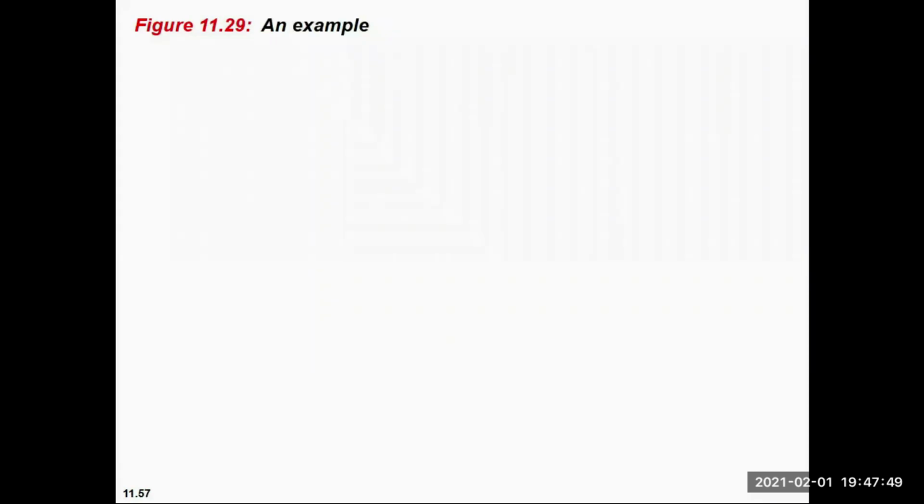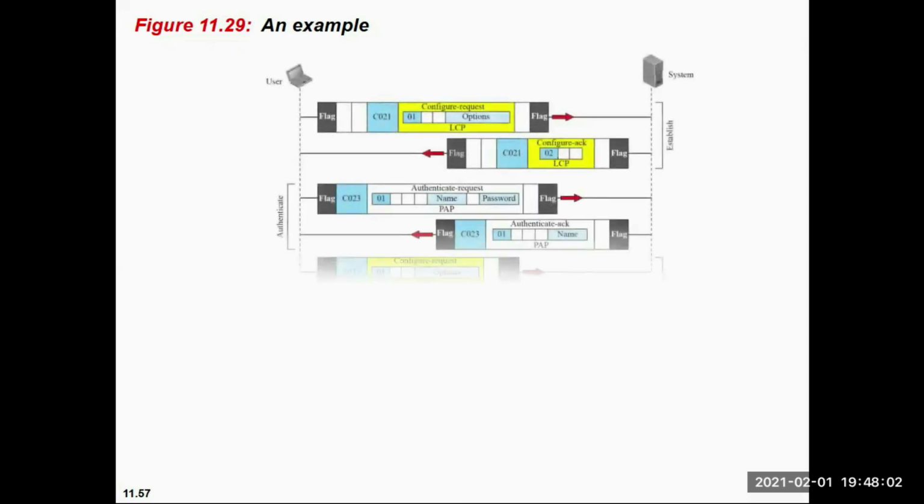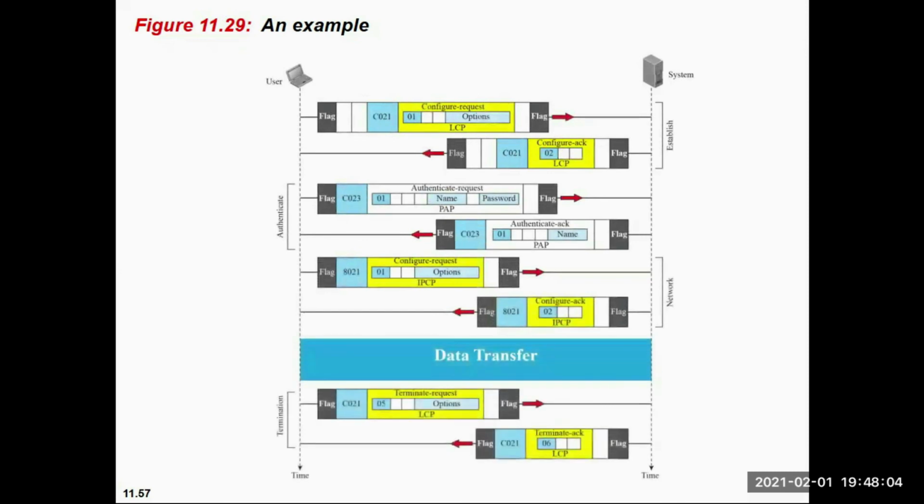Now we will see one example to go through the phases followed by a network layer packet as it is transmitted through a PPP connection. This figure shows the steps.